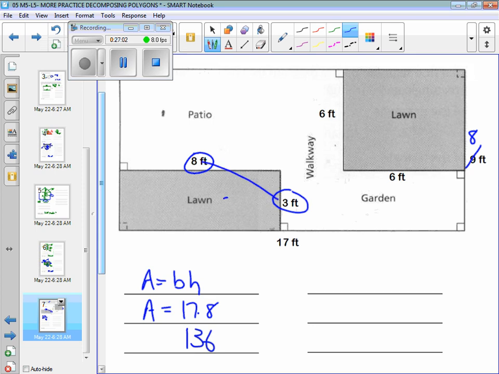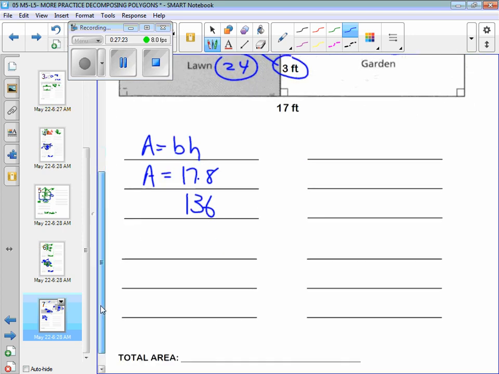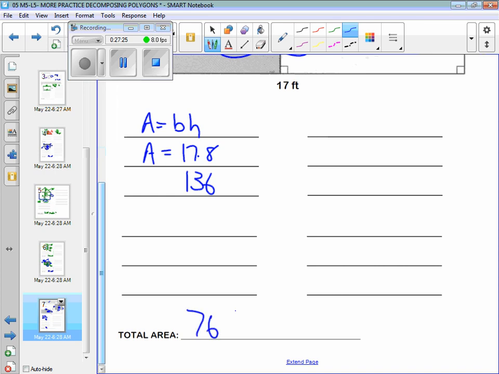That's going to make 24 for this piece. And then 6 times 6 makes 36. And I'm going to subtract that from 136. So 136 minus 36 minus 24 is 76 square feet. And that is everything.